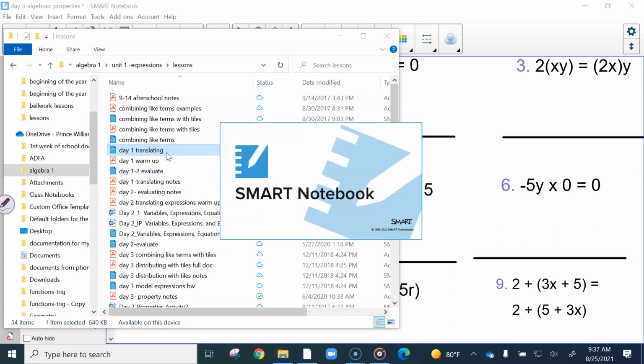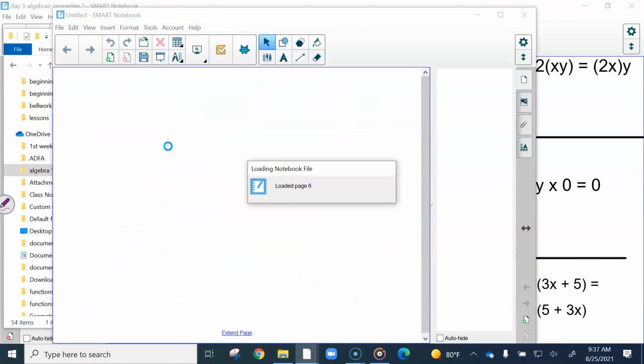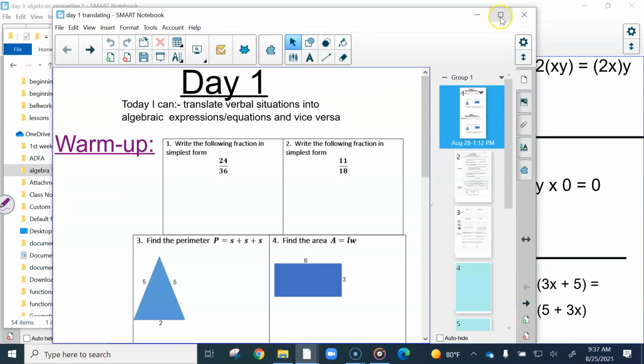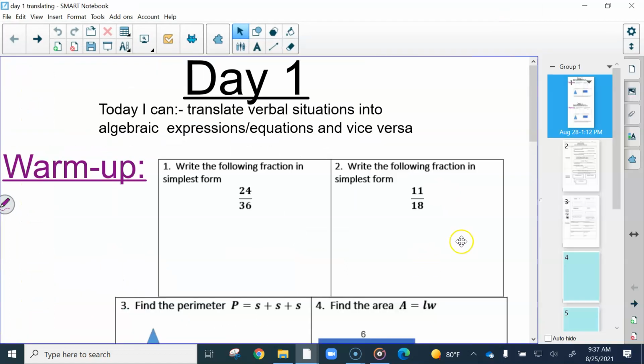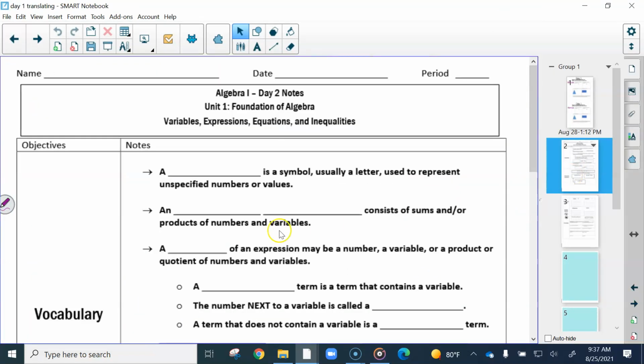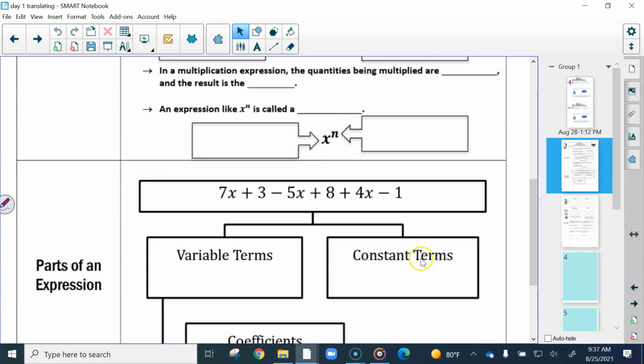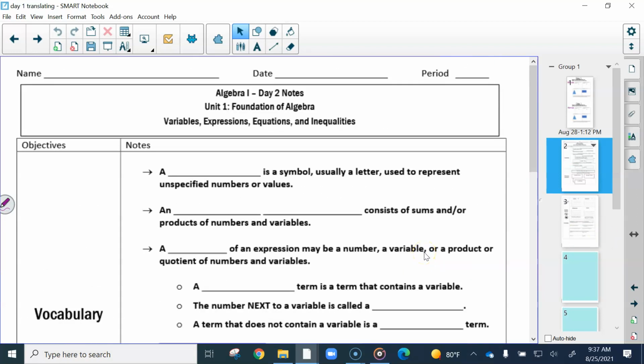Take your phone, scan out. Now, some of you started on that page. Go ahead and find this page.